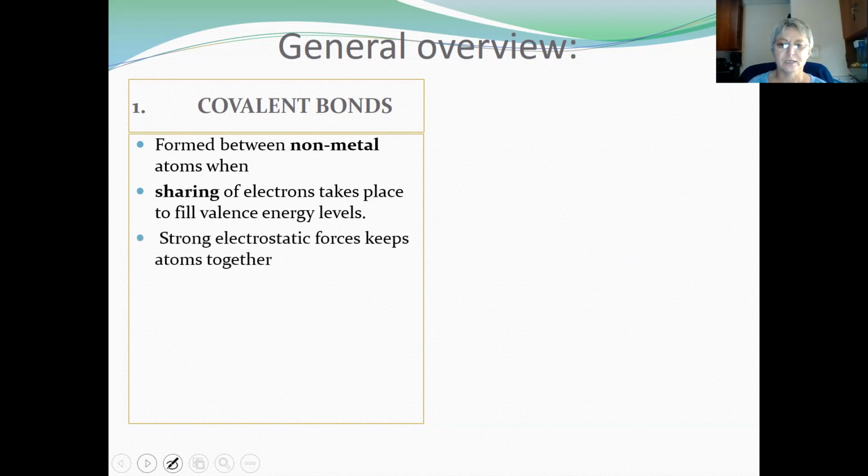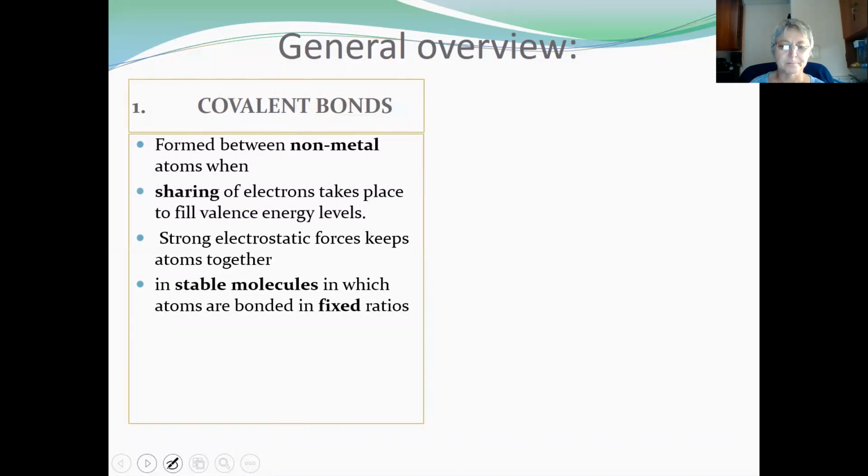There are very strong electrostatic forces that keep the atoms together in stable molecules. And these atoms bond in fixed ratios, so the molecular formula of a compound would always be the same. It would never change. And we discussed the unique physical and chemical properties of covalently bonded substances in class the other day. We used hydrogen, oxygen, and water.